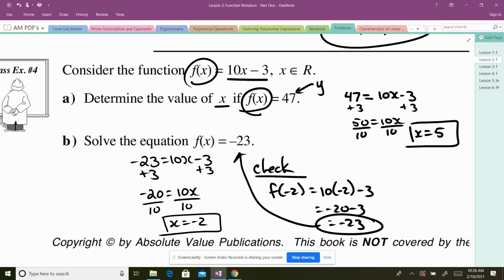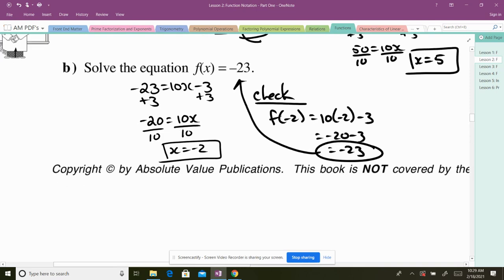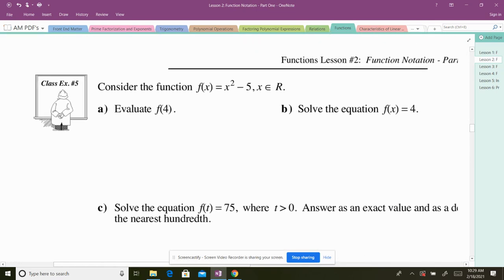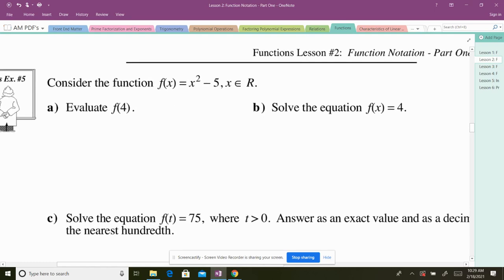Okay, flip the page, please, to 311. Just a couple more, and then this lesson's done. Okay. So we're going to do A and B here. Evaluate f of 4. Where does the 4 go?